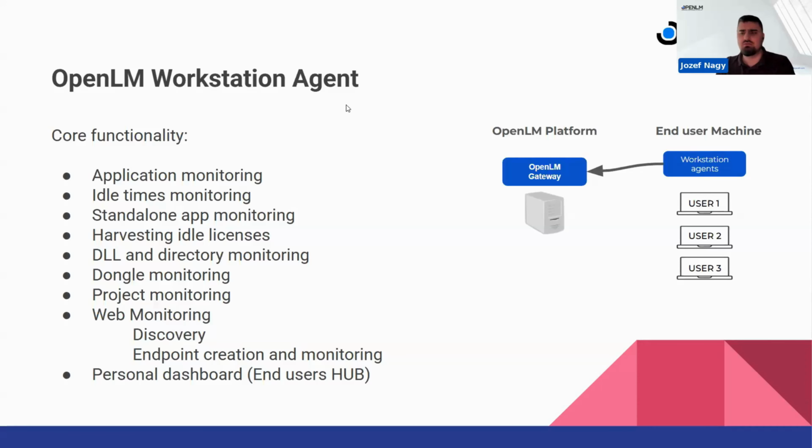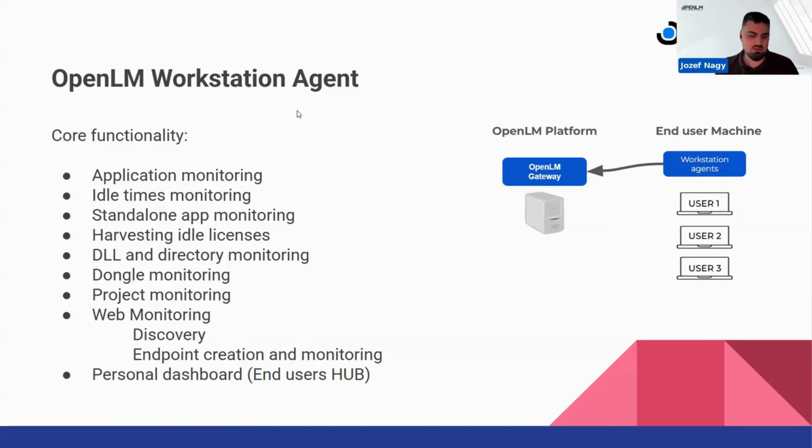Workstation agent has also the option to monitor dongles. So if somebody puts in a dongle, Workstation agent can get you information about the dongle number, serial number, and so on. You can also blacklist dongles, so that you get information if a blacklisted dongle appears in the system.